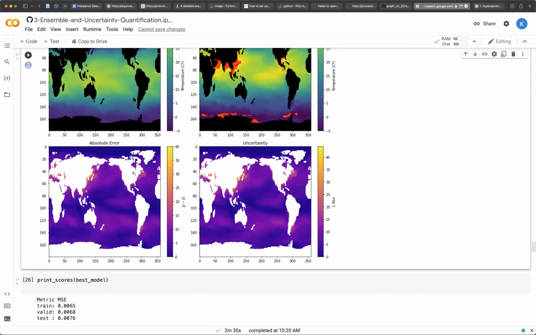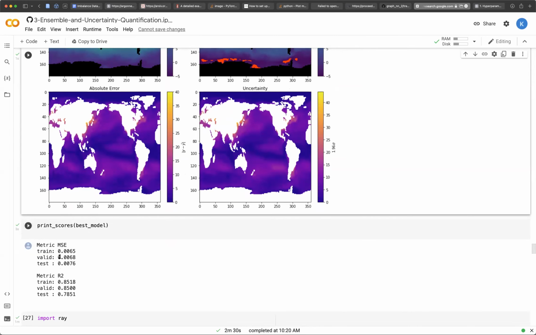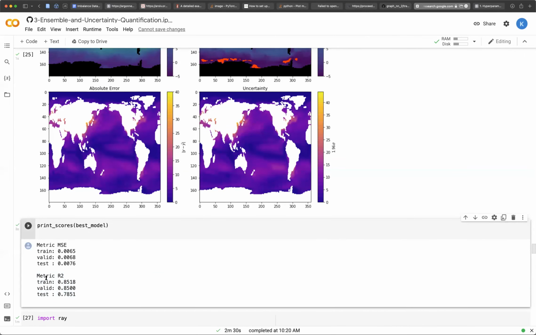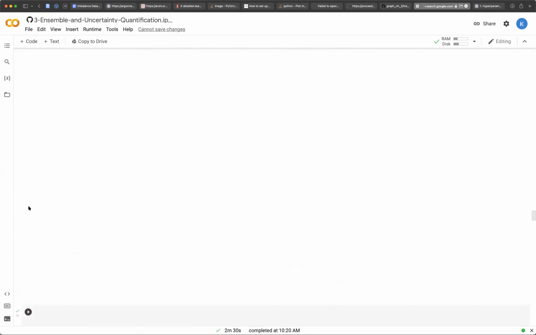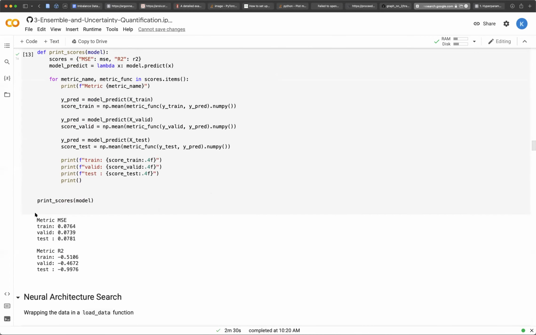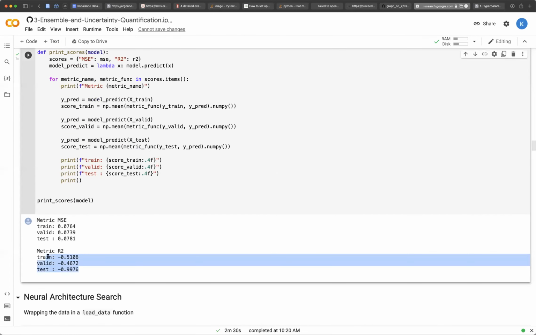Once this is done, we can see the metric scores. Here is where I bring you to the R-square values. Observe that the test R-square value is about 0.78. In the previous baseline model case, although the training was happening very well, the R-square value was actually pretty bad, in terms of negative values.